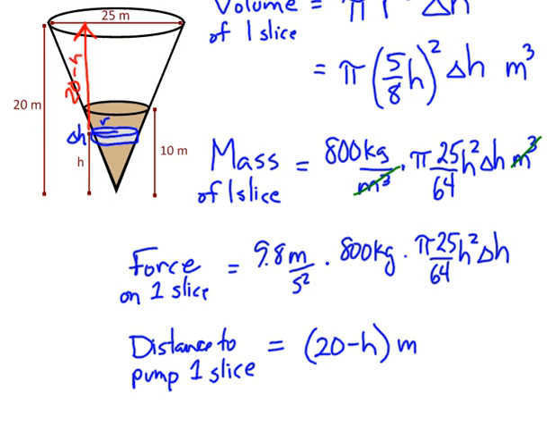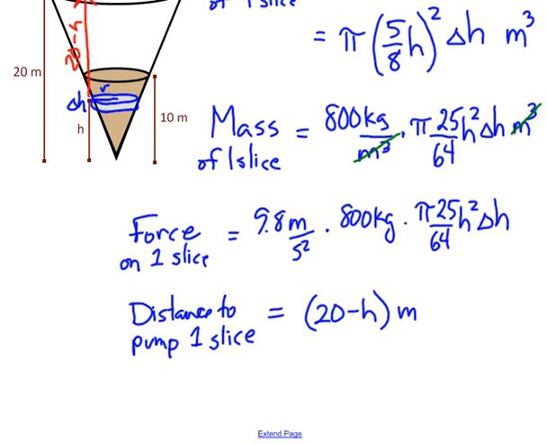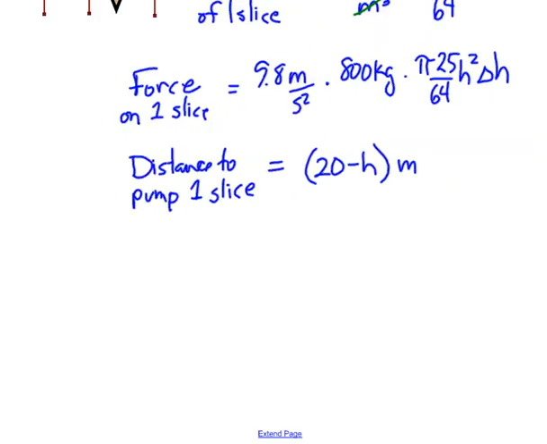And so now we've got all of the pieces of the puzzle, and we are ready to write our integral. So our integral, we'll get the limits in just a moment. In our integral, we're going to take force times distance. Now in our force, you'll notice we had a whole lot of constants.